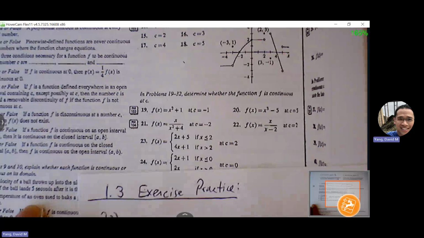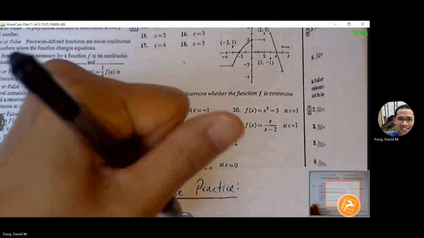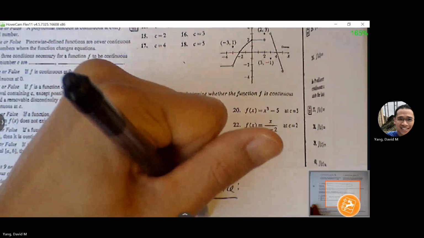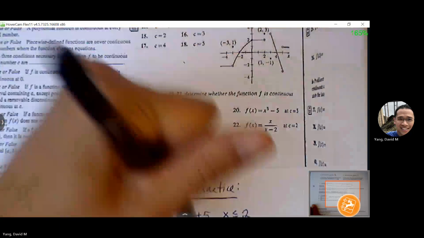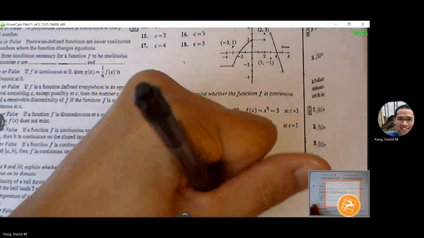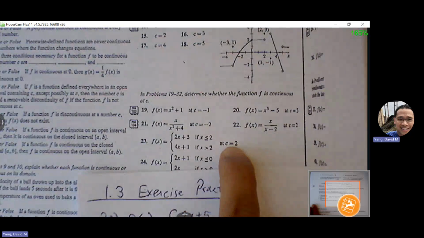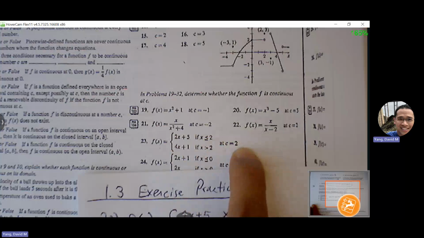So let me write 23 out here. It specifies that C is equal to 2, but they don't have to say this. If it's a piecewise function like this, you know that whatever x value they're referring to is going to be your C value.